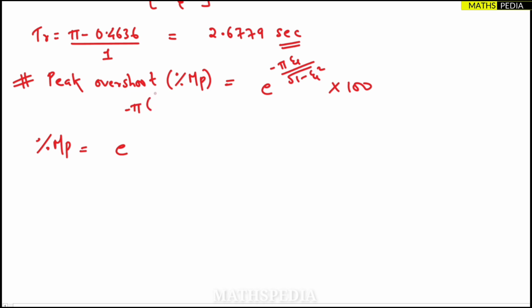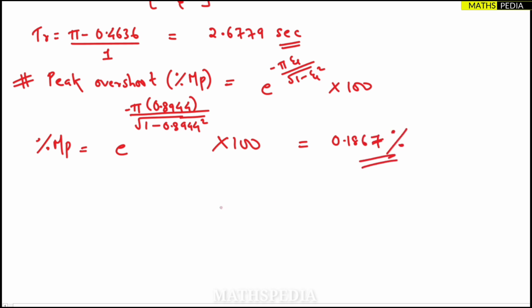The zeta value we have is 0.8944, divided by square root of 1 minus zeta square, so 1 minus 0.8944 square, into 100. So you will be getting the answer as 0.1867 percentage. Okay, so peak overshoot will be in percentage.